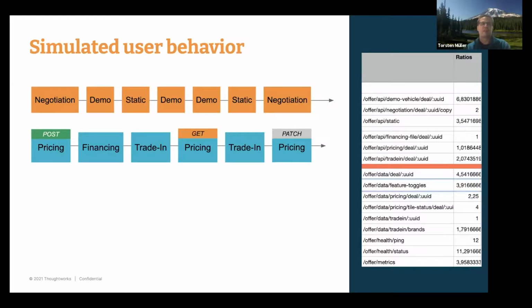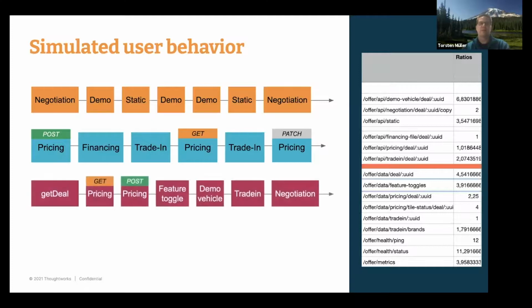Then they have something to trade in. And then they're going to say, okay, I've done this. It goes back to get the pricing information, adds the traded information, and then we update our pricing. So this is kind of like a story that actually might happen just based on these ratios.